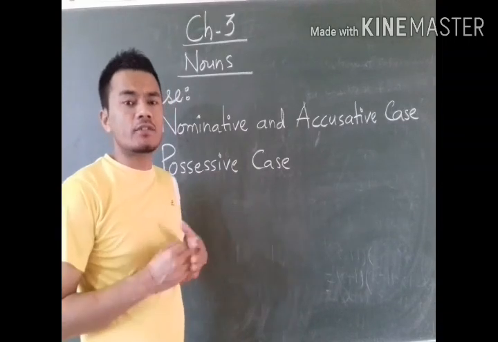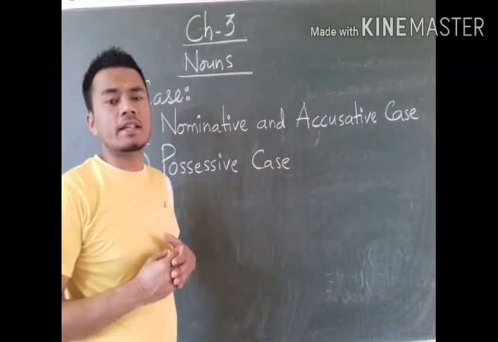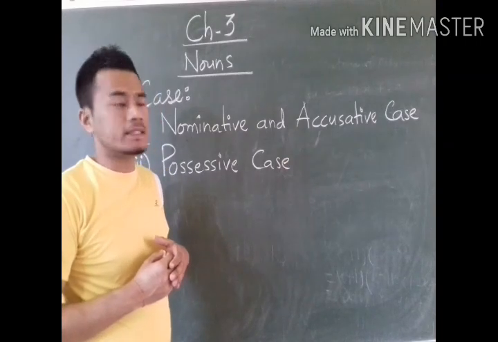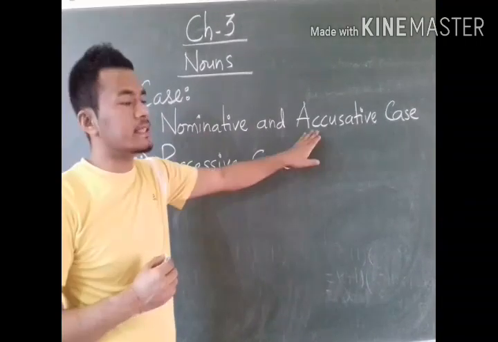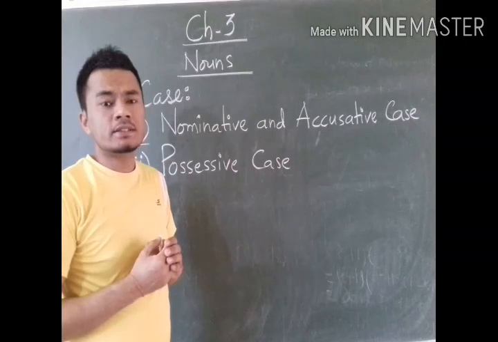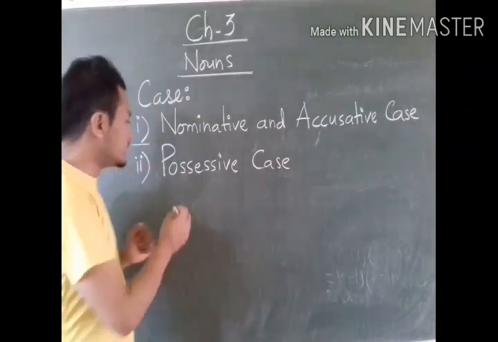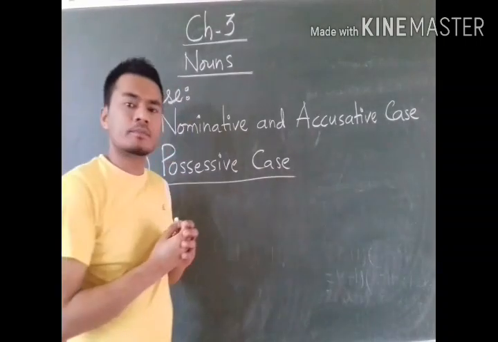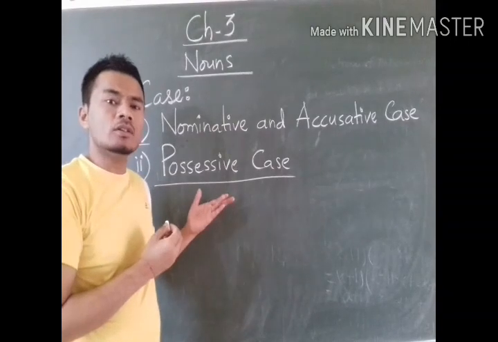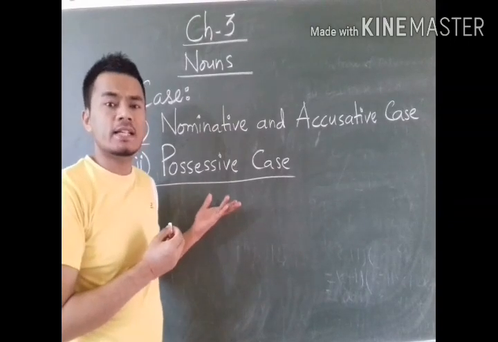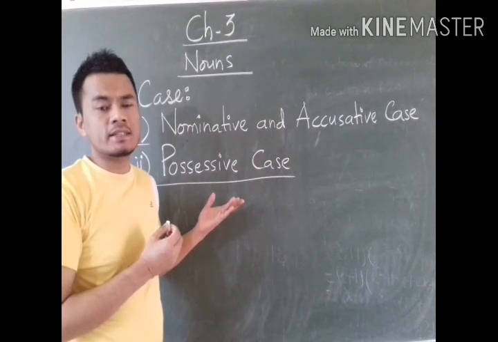This is the first case of nouns. One is nominative and another is accusative case. And another is possessive case. Nouns can also be used in possessive case whenever we use them in sentences.